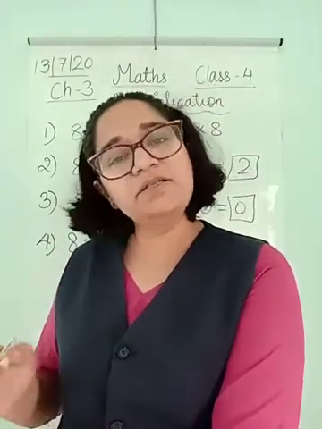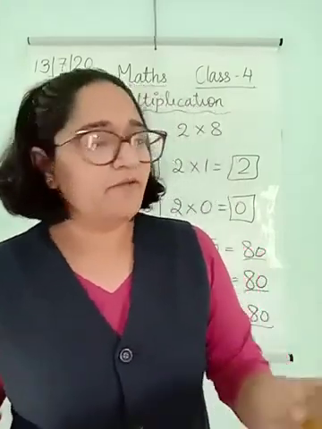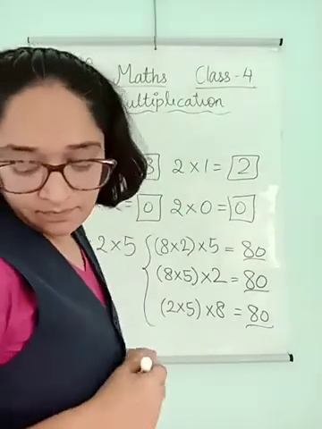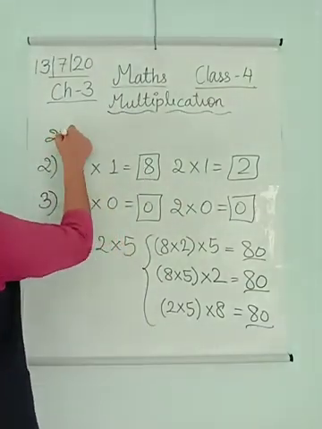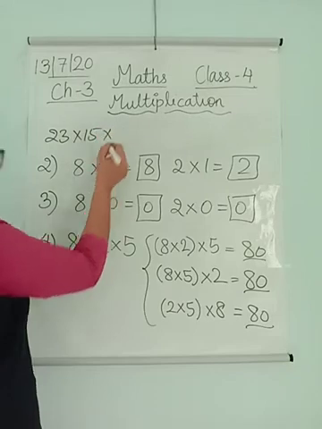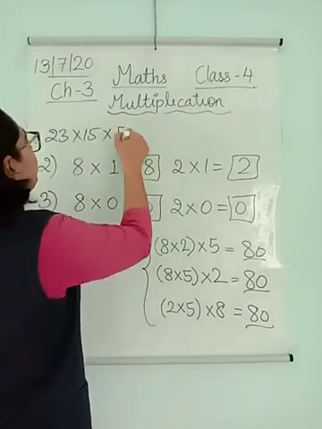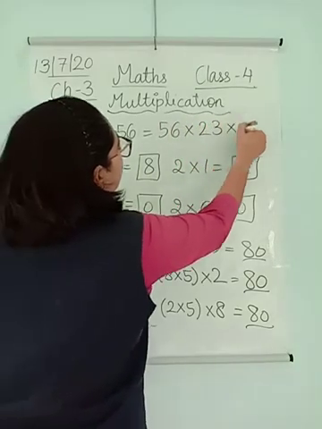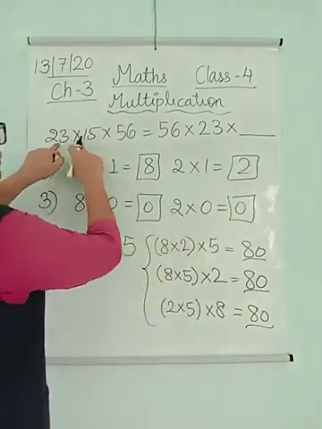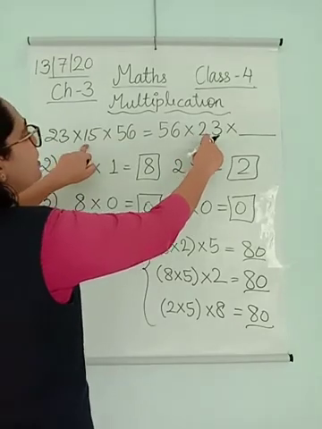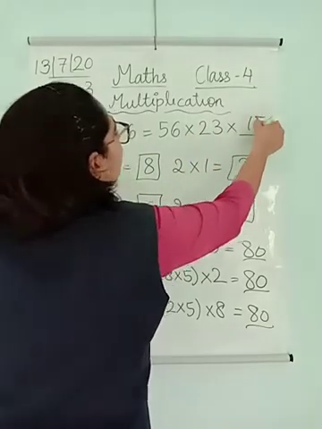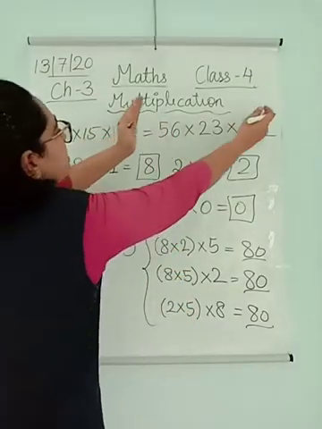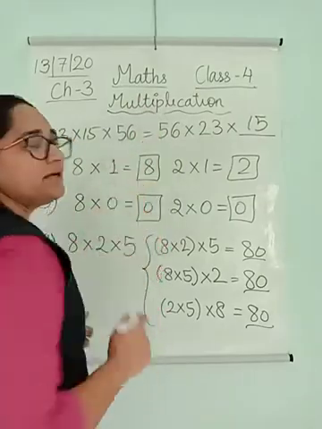The only remaining number is 15, so it will be 15 there. 15 is not here, so 15 should come here. When you multiply both you will get the same answer, that is why they are equal.